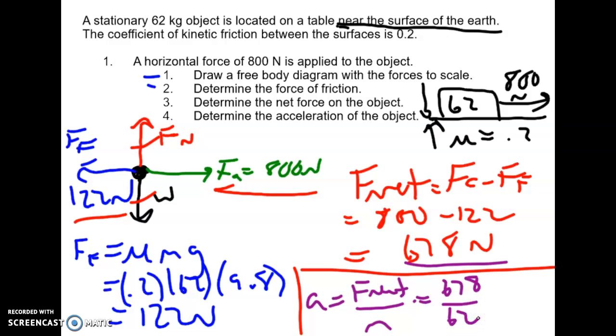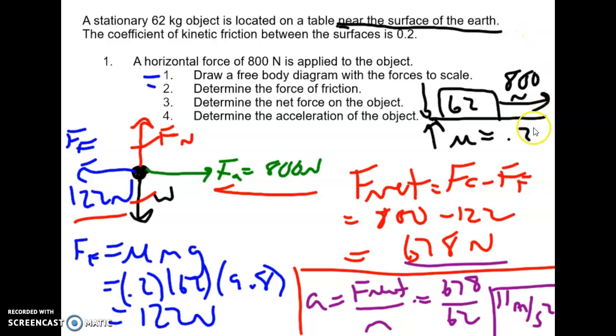Divided by 62, you get about an 11 meter per second squared acceleration. That's my answer, 11.